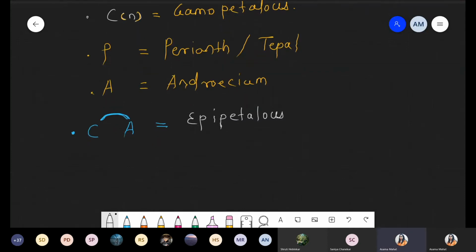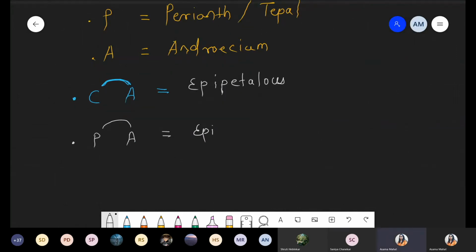Now, in this scenario, androecium is there and that androecium is attached to perianth. Now, this scenario is called epiphyllous, where androecium is attached to perianth.